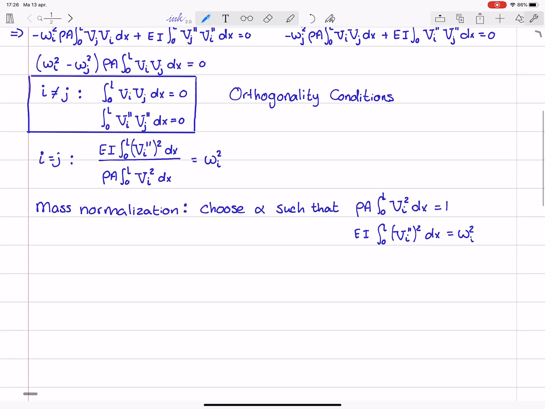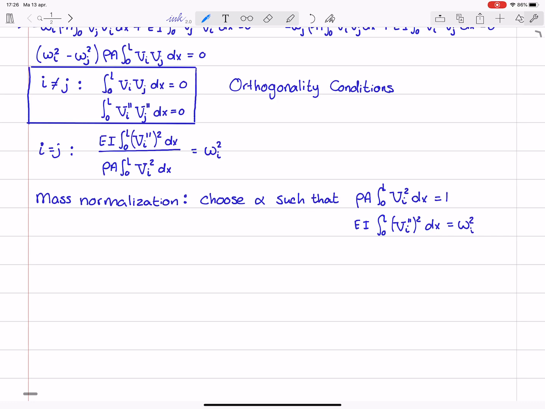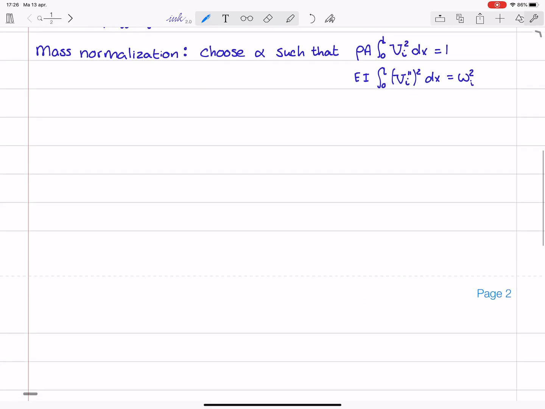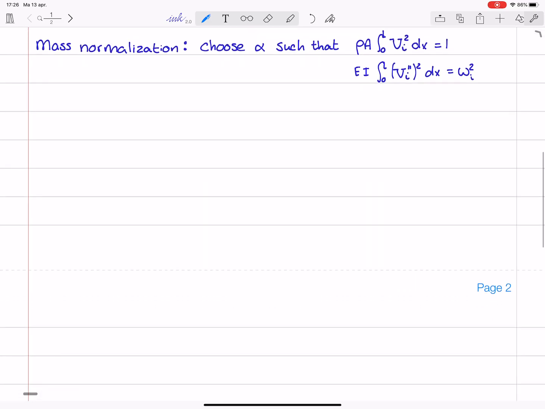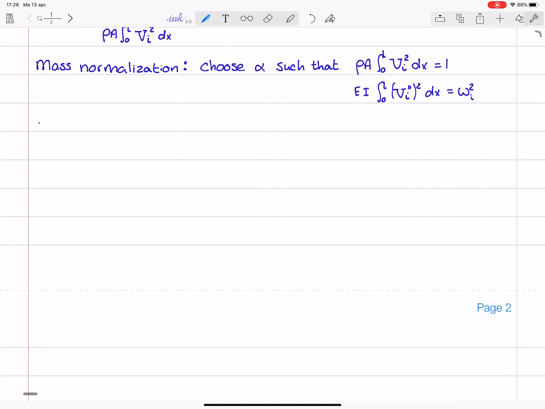For that we look at this mass normalization and substitute this mode, so we get rho A alpha squared times the integral from 0 to L of sine squared of n pi x divided by L dx, and this must equal 1.